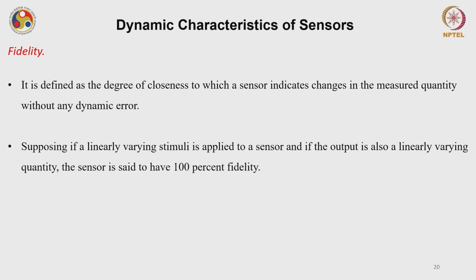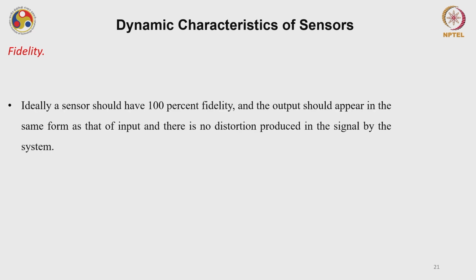I can say that the sensor has 100% fidelity. So ideally a sensor should have 100% fidelity, and the output should appear in the same form as the input, with no distortion produced in the signal by the system.